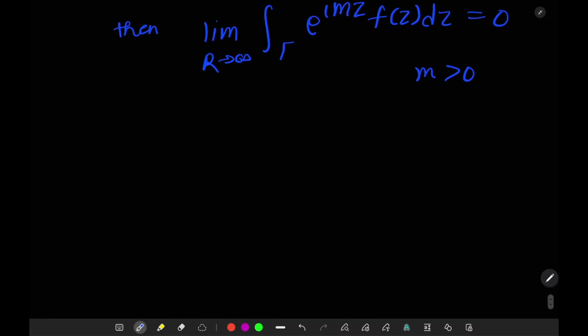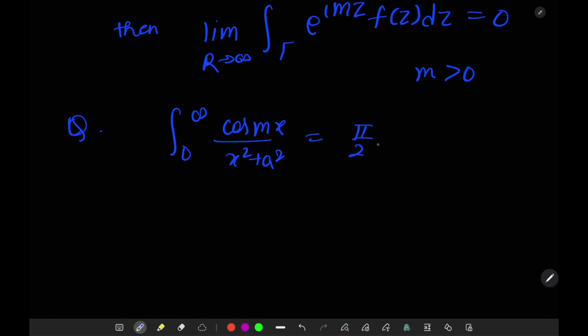Now let's do a question on this topic. Integral 0 to infinity cos mx divided by x square plus a square equals pi by 2a into e raised to power minus ma. Here m is greater than or equal to 0 and a is greater than 0.